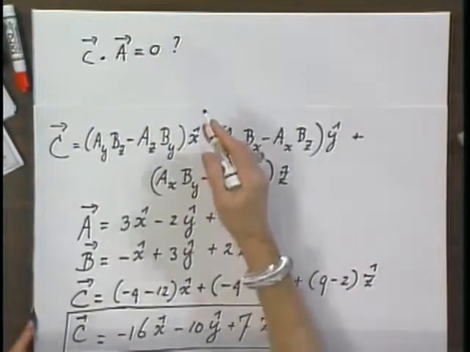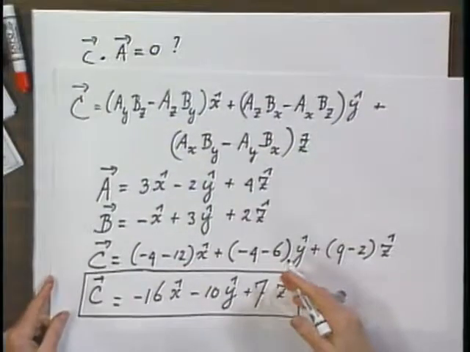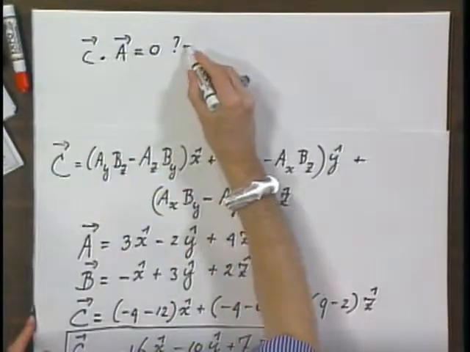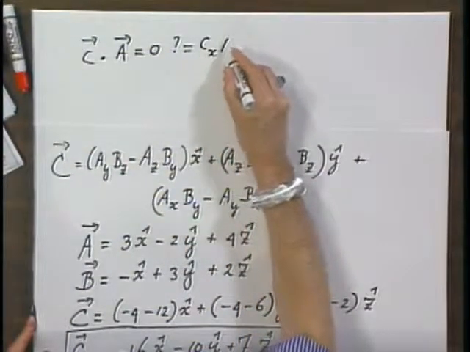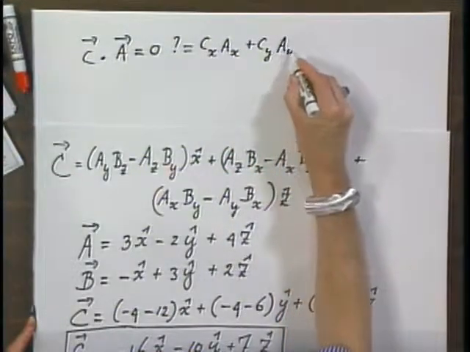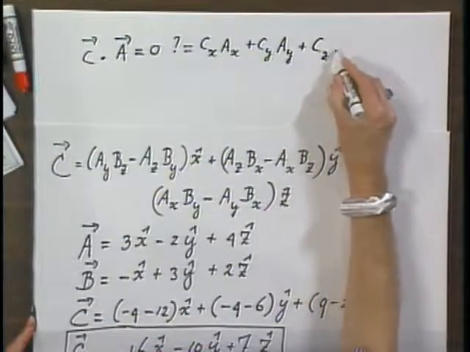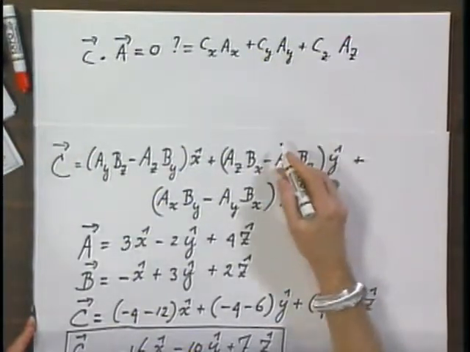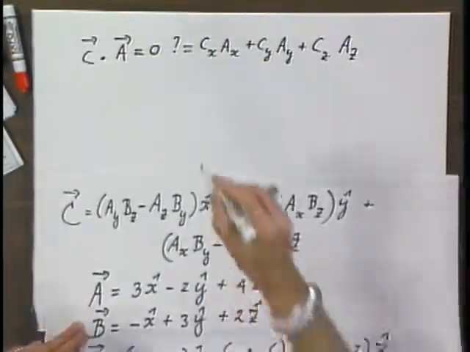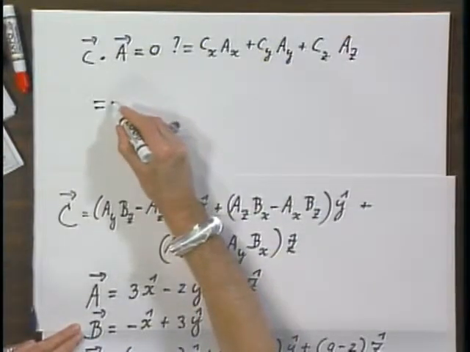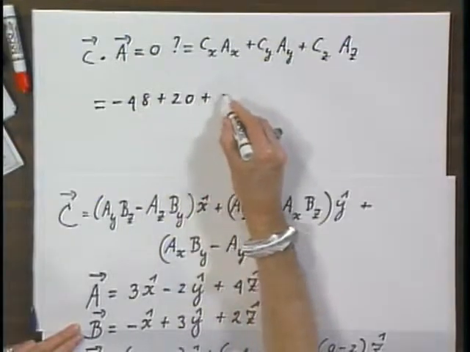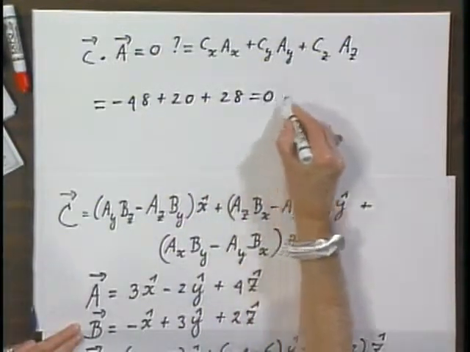They must be perpendicular to each other if I have calculated C correctly. Well, this equals Cx Ax plus Cy Ay plus Cz Az. And we know what A is, and we know what C is. And so when I plug in the numbers, I find minus 48 plus 20 plus 28 equals 0.